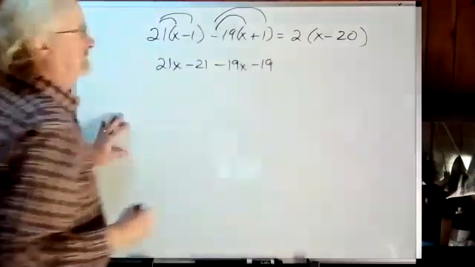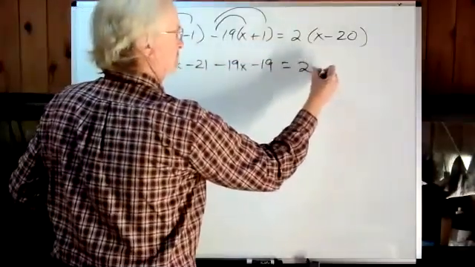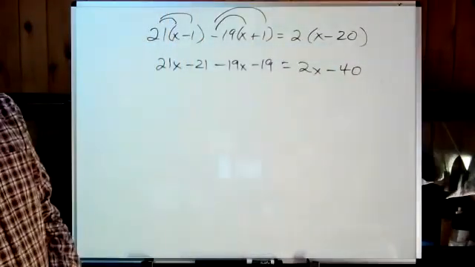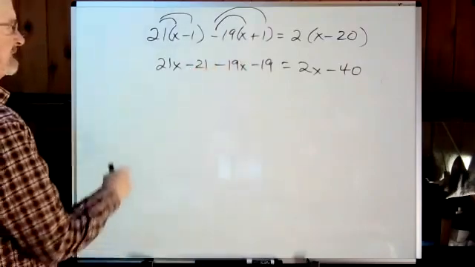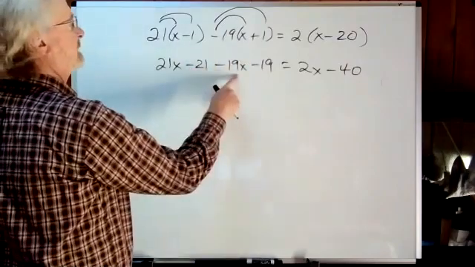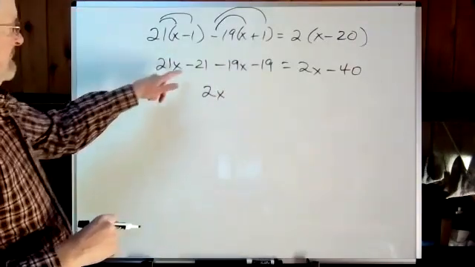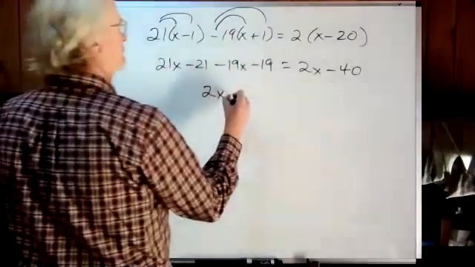Minus 19, right? Just 2 times each of those. Got some like terms over here. How many x's? 21 minus 19, 2 x's. How many constants? Negative 21 minus 19, negative 40.